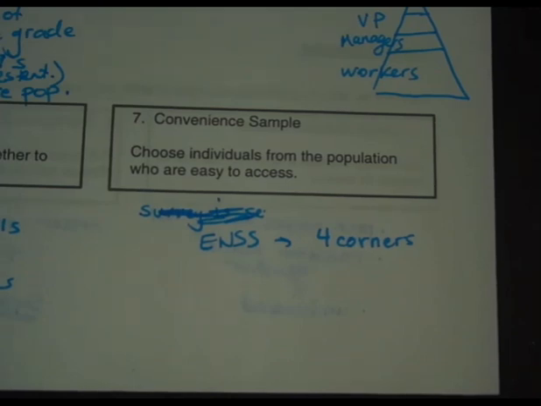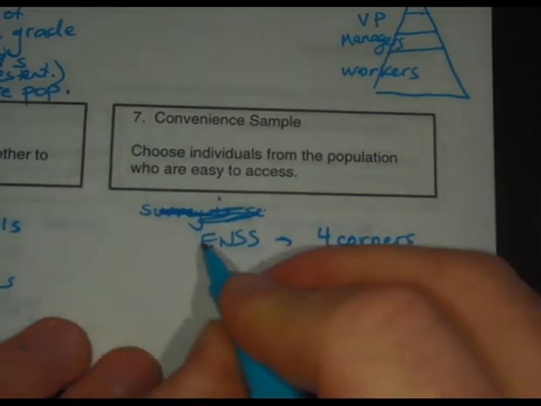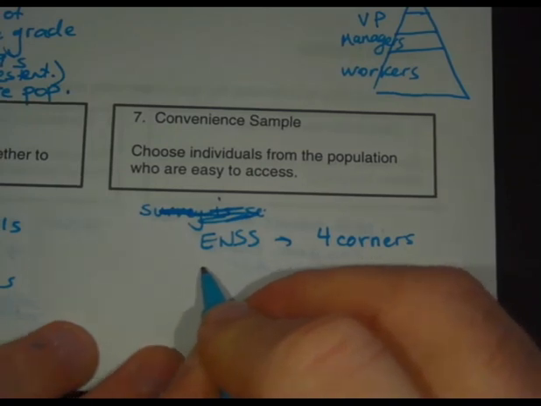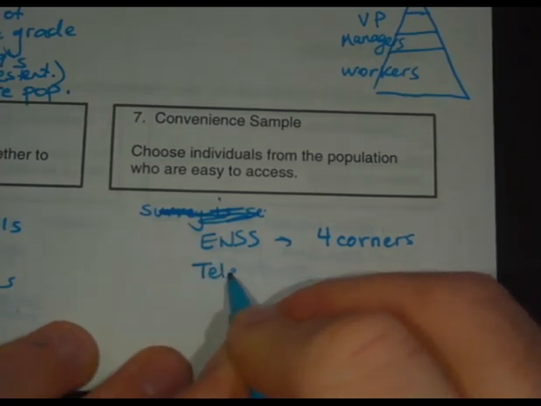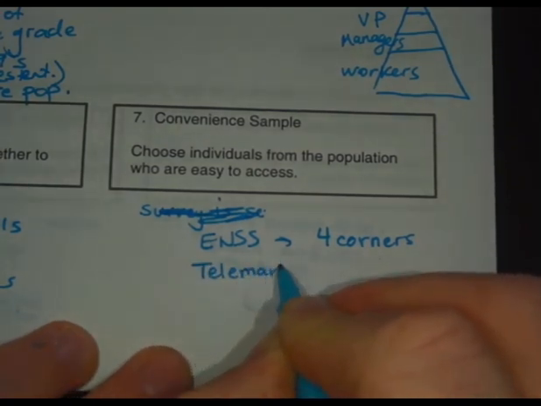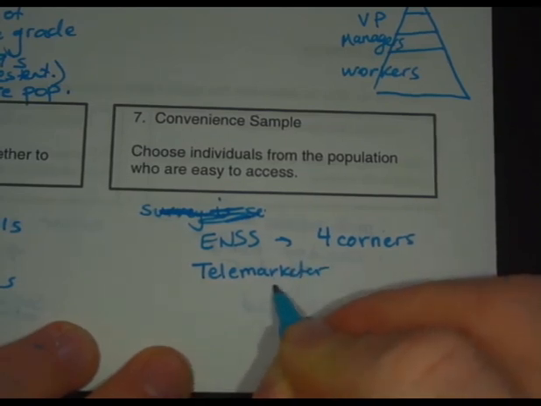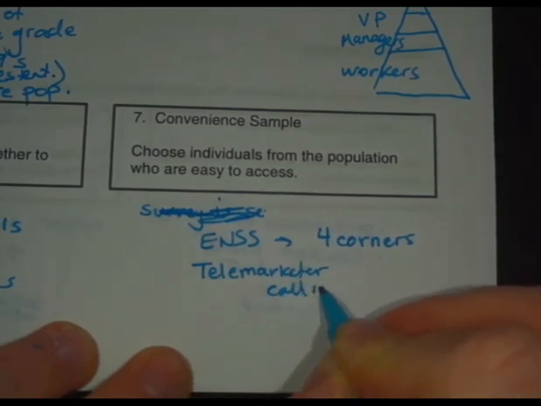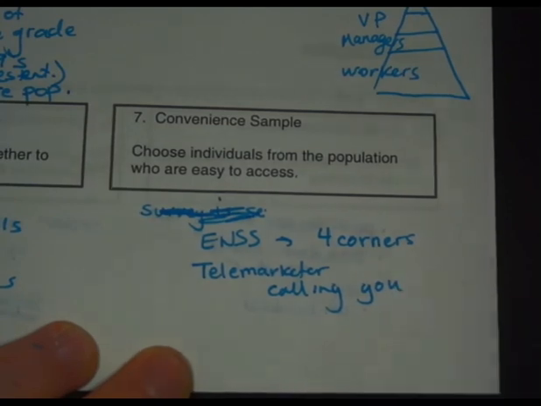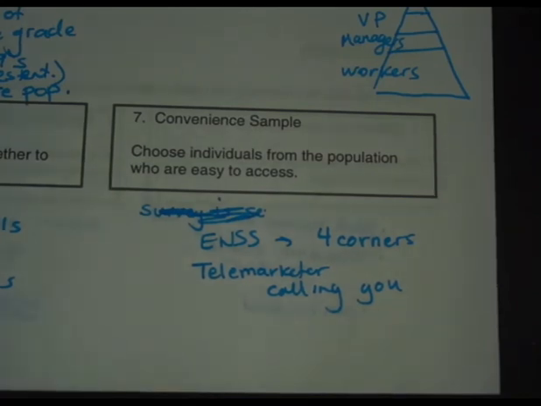It could be, maybe, if I have a telemarketer calling you, all right? It's not convenient in the sense that you have to do the survey, but they're calling you to reach out to that.